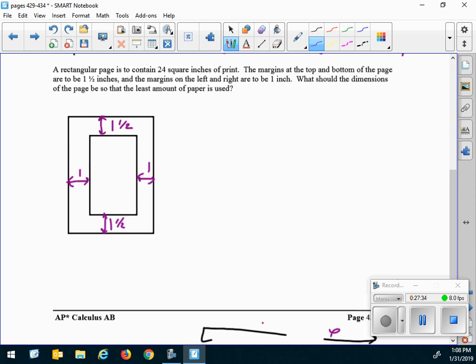What am I trying to optimize? Maximize or minimize? I'm trying to minimize the amount of paper, right? Which in this case is going to be area. Now, if you'll notice, I've got 2 areas. I've got the area of the print, and then I've got the area of the entire page.